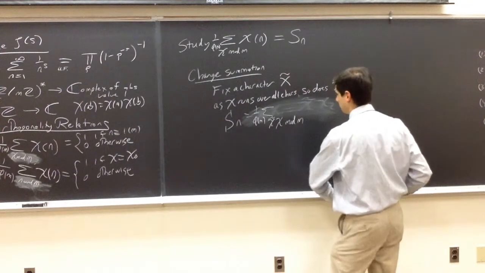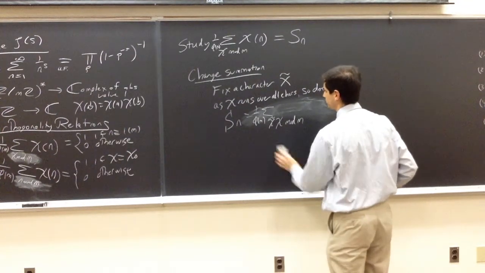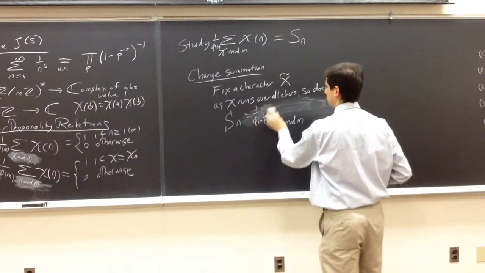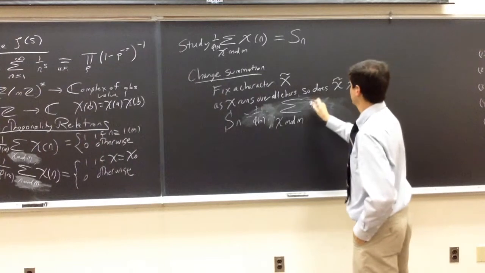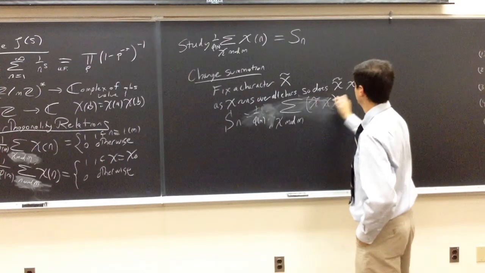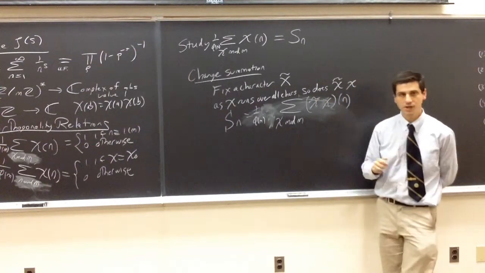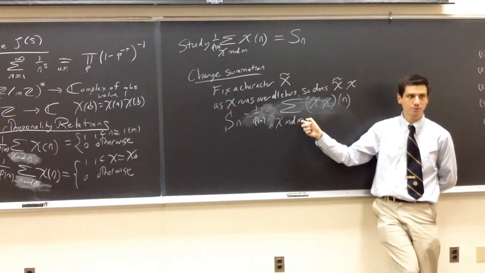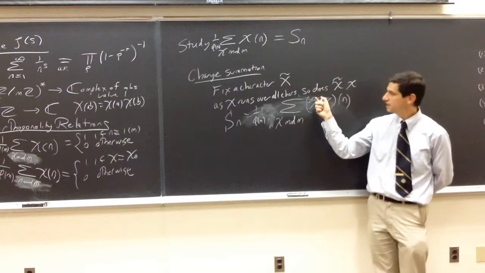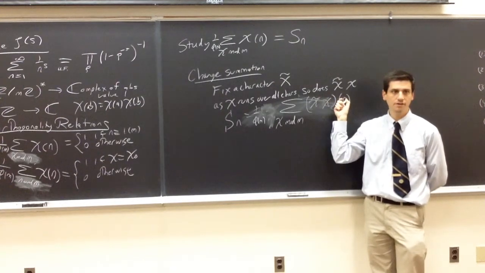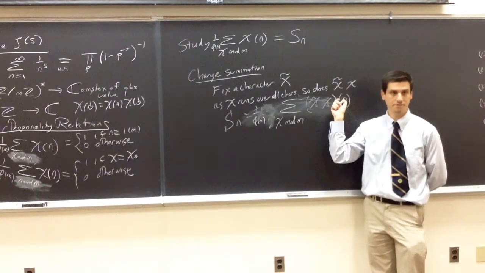I'll leave it like this. The sum of all chi mod m of chi tilde chi of n. Because as chi ranges over all characters mod m, so does chi tilde chi. But what's chi tilde times chi of n? That's chi tilde of n times chi of n.